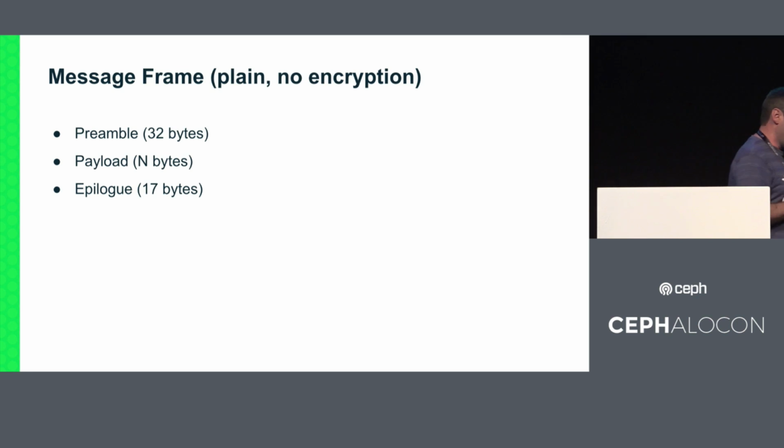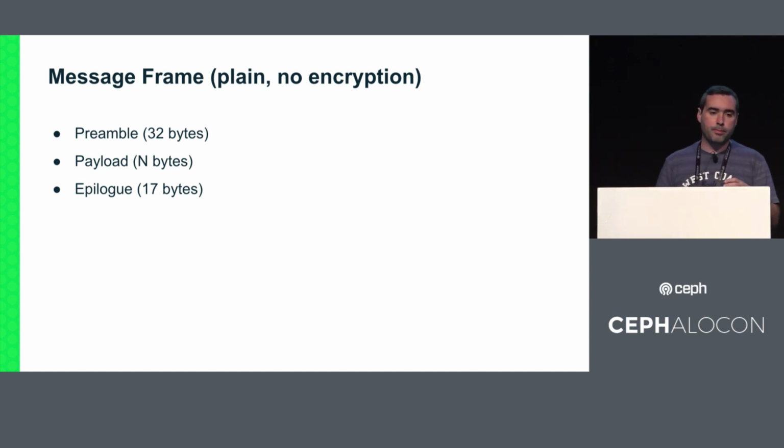So all the control messages of the protocol have a fixed structure, which we call the message frame. Okay? And the message frame has three parts. It has the preamble, the payload, and the epilogue.